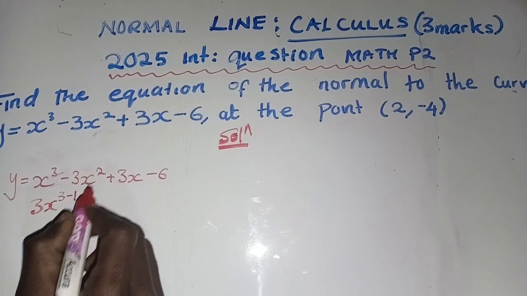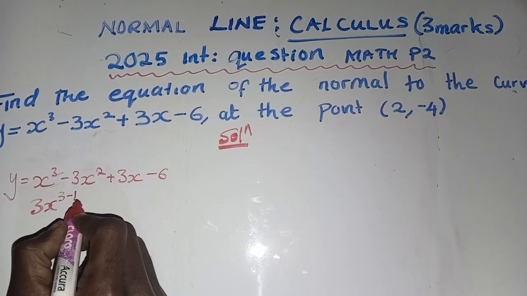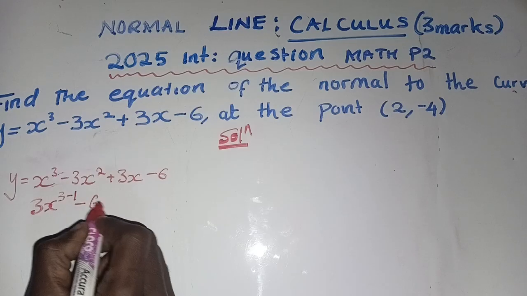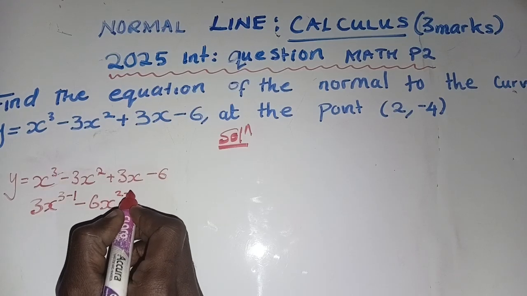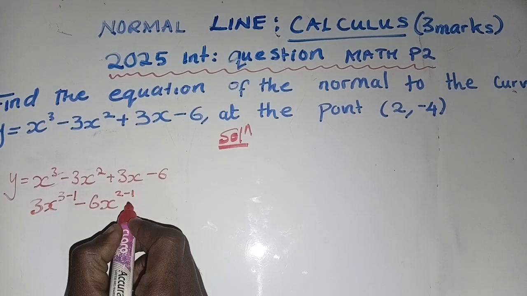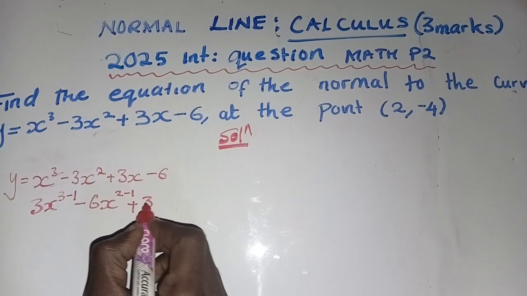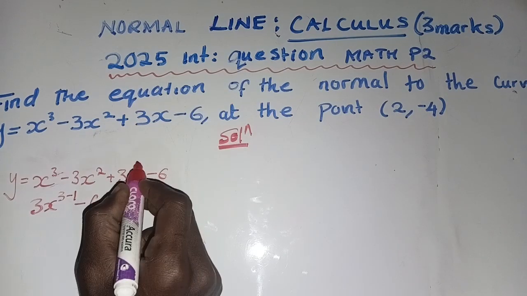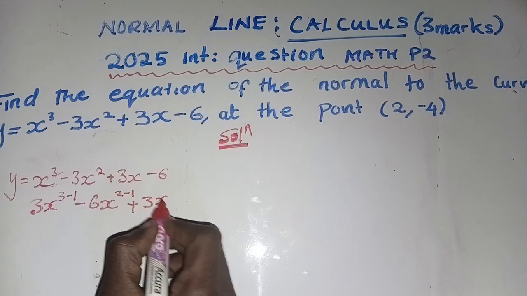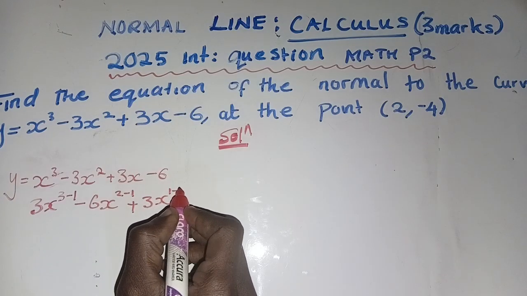Then here we say 2 times negative 3, it is negative 6x, 2 minus 1. Then plus 3, 1 times 3 it is 3, then x to the power 1 minus 1.